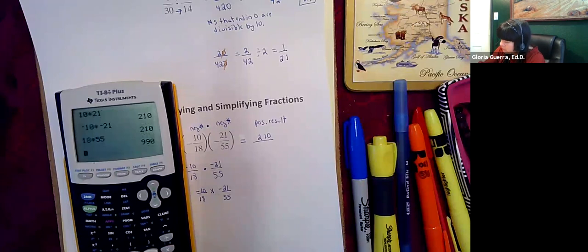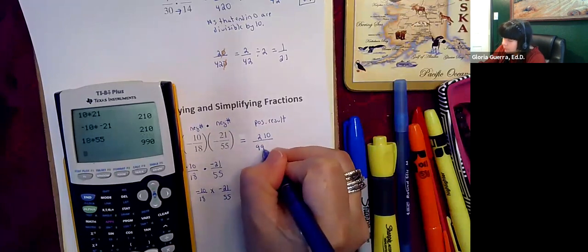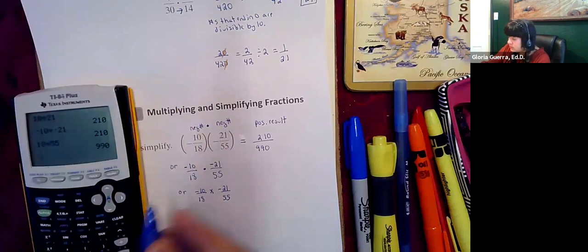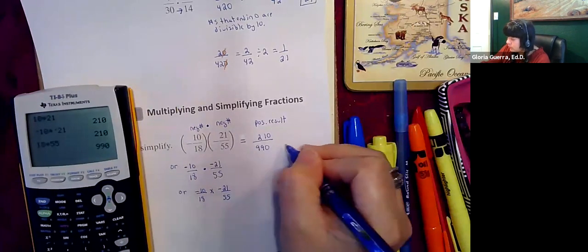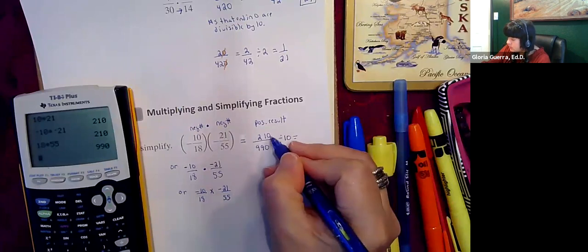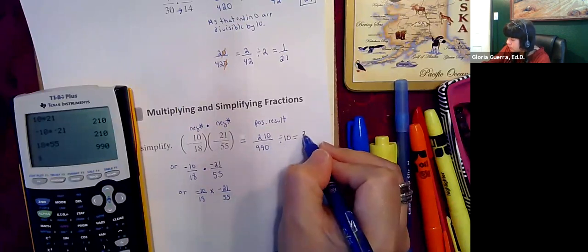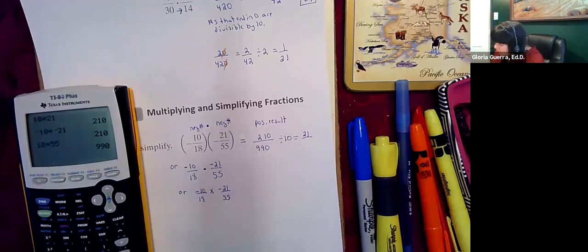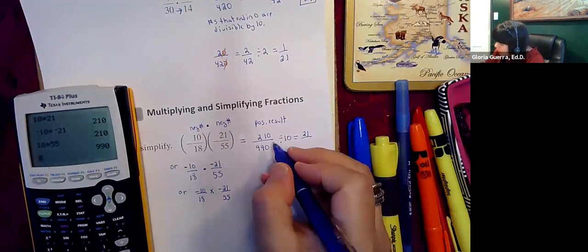That's a big number, 990. Then you can mark out these end zeros; I'm also reducing by 10. If I knock out those end zeros, I get 21 over 99.